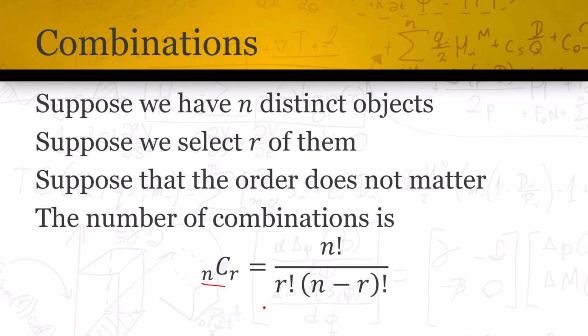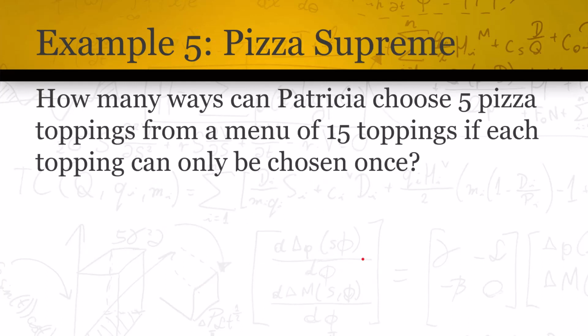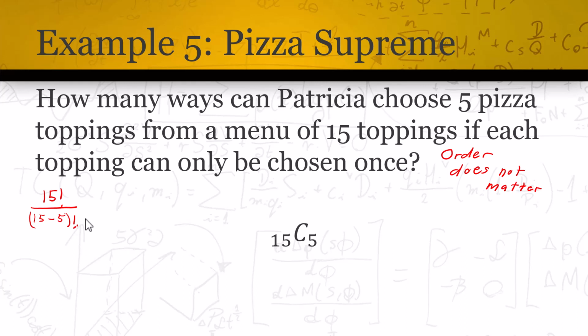Okay, so let's take a look at a couple of examples. And here is one. How many ways can Patricia choose 5 pizza toppings from a menu of 15 pizza toppings if each pizza topping can only be chosen once? So you need to read this and then discern that order does not matter. And if that's the case, then our answer is going to be 15C5, which will be 15 factorial divided by 15 minus 5 factorial times 5 factorial.